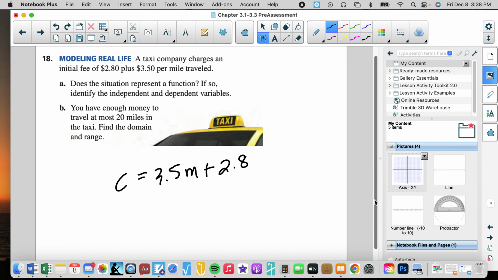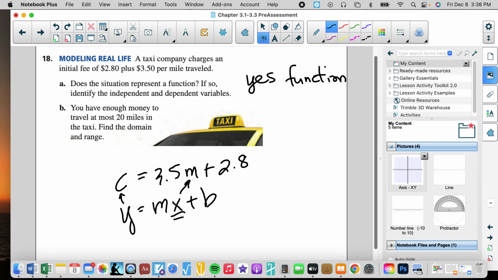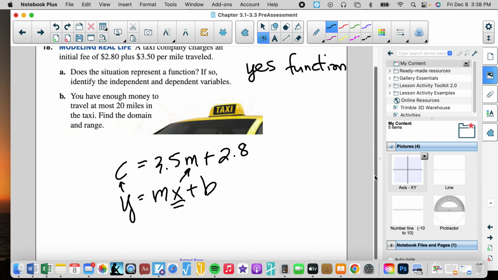Does the situation represent a function? Yes, it does, because this is in y equals mx plus b, because my x variable, which is m in this case, has an exponent of 1, and my y, which is represented as c, has an exponent of 1. If we graph this, we would get a linear graph. So yes, it is a function. What are the independent and dependent variables?